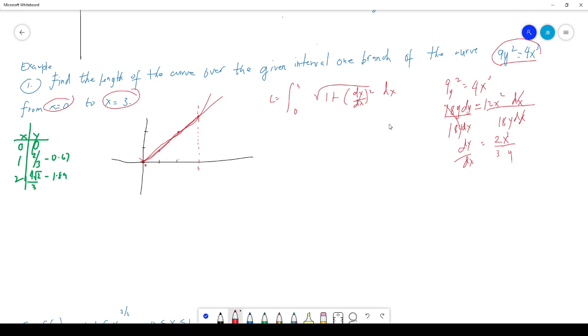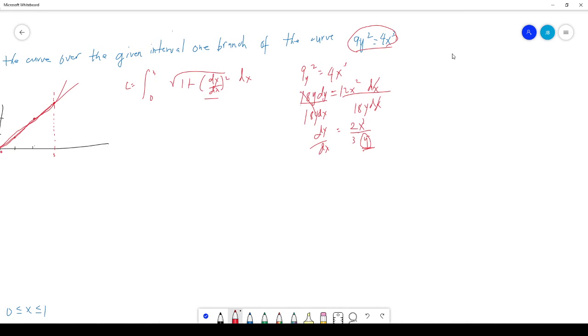Next, we are going to substitute that into our formula. But before that, we are going to put this in terms of x first, since we still have y. We cannot integrate it directly if we have the variable y here. So we are going to substitute y in terms of x.